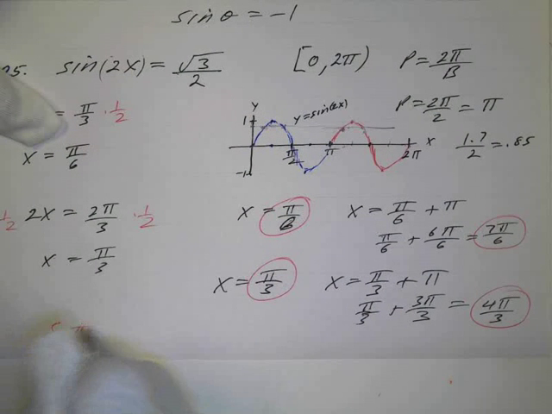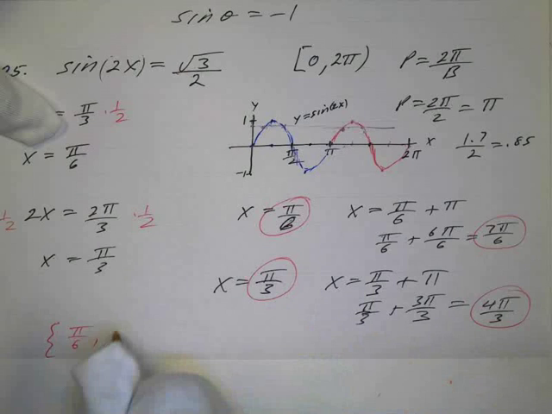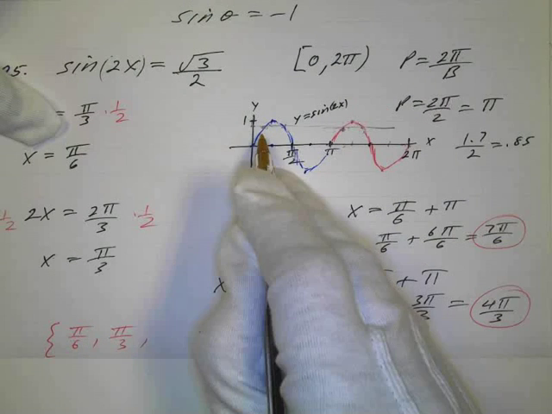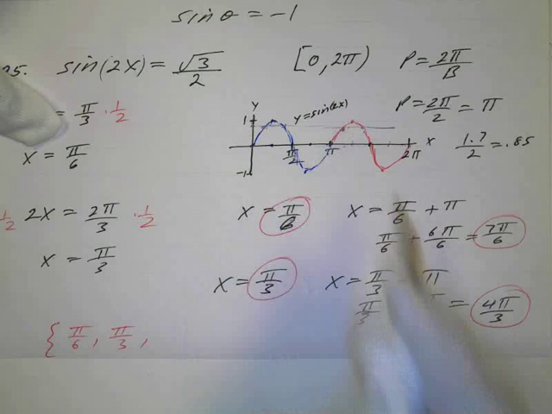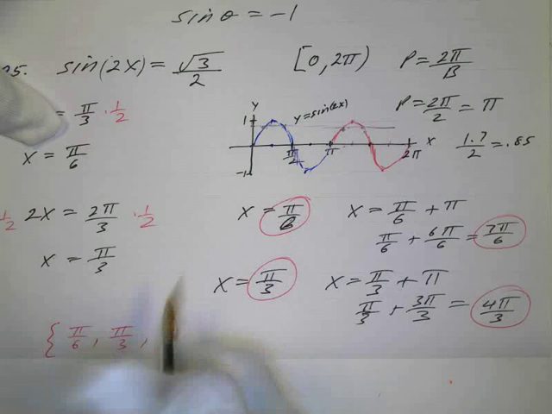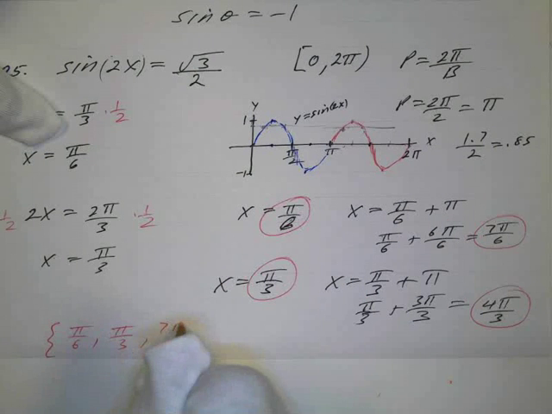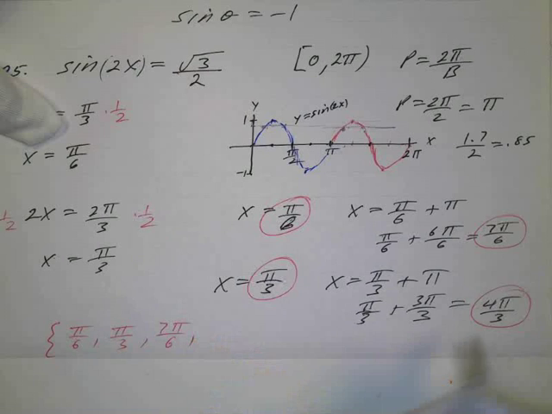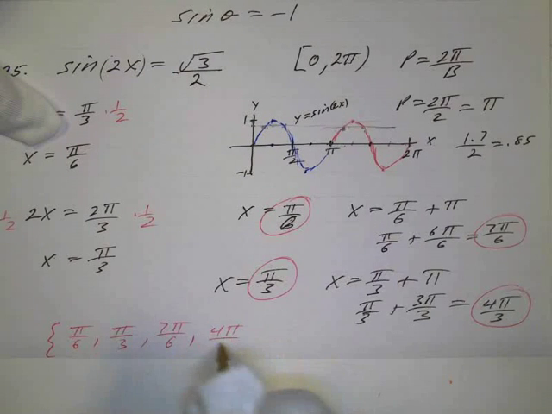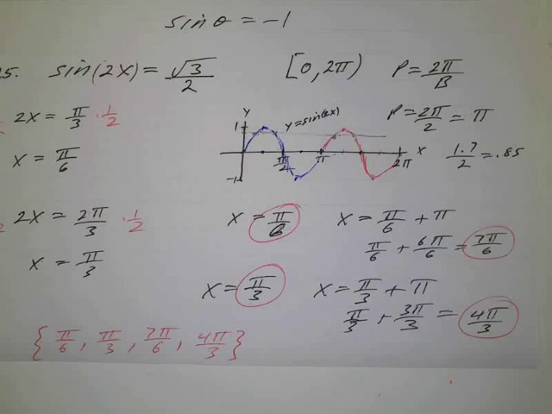So the smallest one would be pi over 6, the next one pi over 3, then 7 pi over 6, and the last one would be 4 pi over 3. So that would be your solution set.